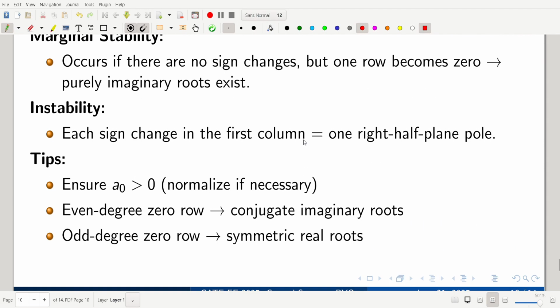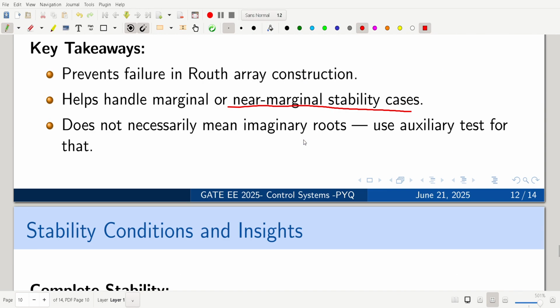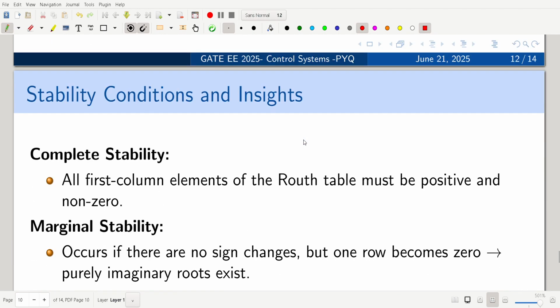So let us understand the stability point of view. Stability conditions and insights: complete stability means that the first column elements of our Routh table must be positive and non-zero.